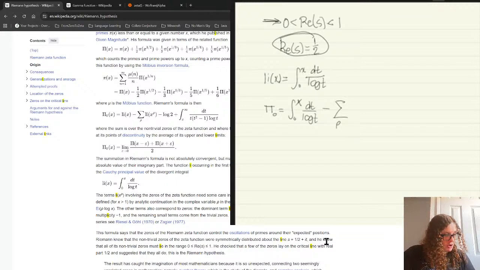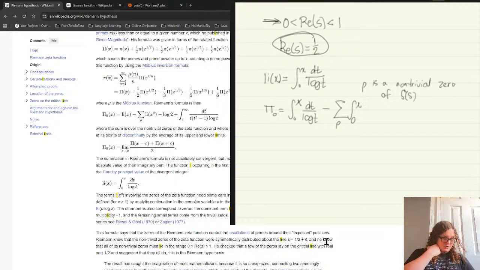So rho is a non-trivial zero of zeta of s, and we're taking the sum of the integral from 0 to x to the rho of dt over log t.